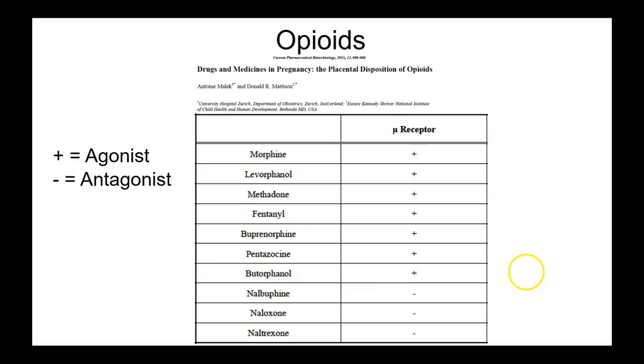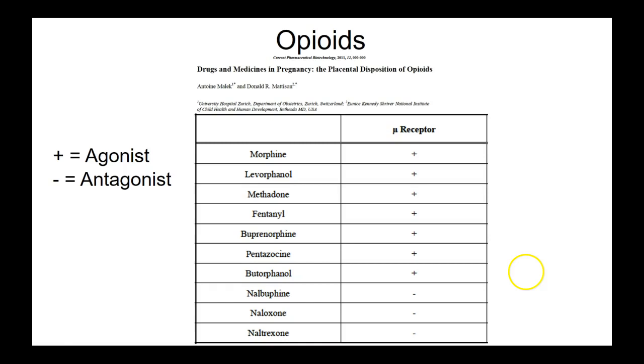So you guys were asking about some of the treatment options. What I have here is a table I took out of this article. The pluses mean that they're agonists, minuses mean they're antagonists. Here morphine and some of the other ones. Methadone is also an agonist, but it's not a full agonist, it's a partial agonist.